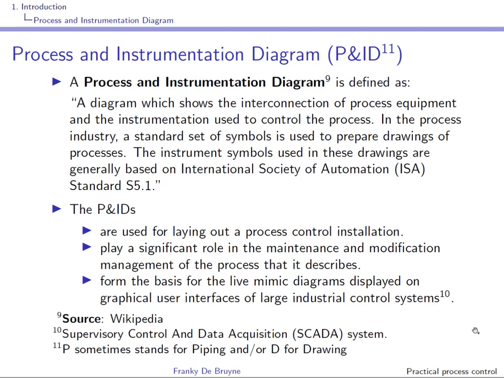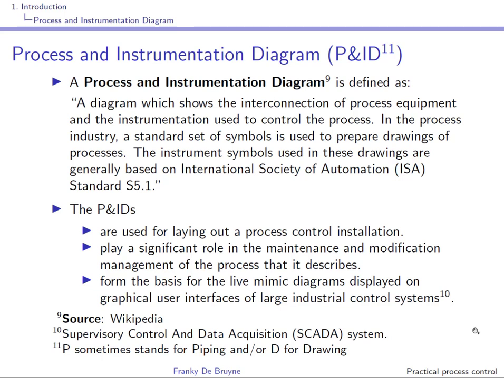The P&IDs are used for laying out a process control installation, so they are very important in the design phase. They play a significant role in the maintenance and modification management of the process, but also of the controller structure that it describes.